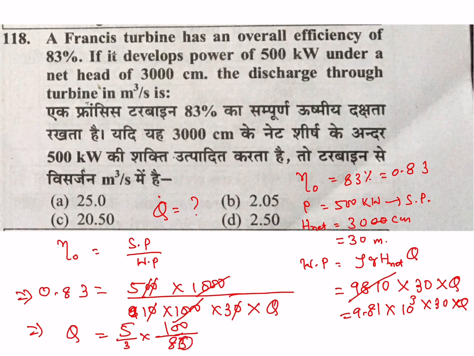We will write 500 by 249... so 25 by 12, so 2 point something.